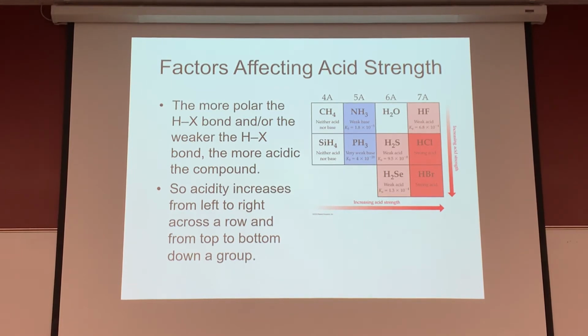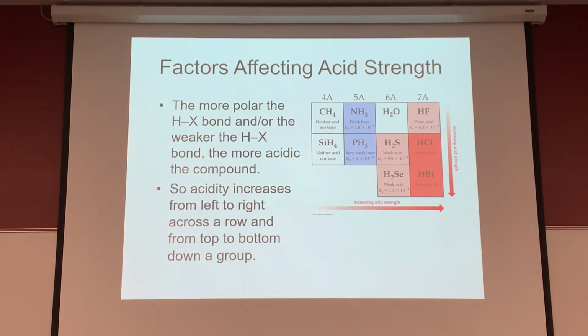And remember that it's also small, size-wise. So there's a fairly tight hold on that proton. For these two, you've got much larger atoms or ions, so they're going to have a little bit weaker hold. They've also got some shielding that's going to prevent some interactions. More likely to lose their proton. Iodine's going to be even stronger.